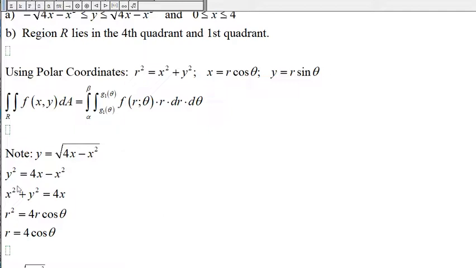Add x squared to both sides, we get x squared plus y squared is equal to 4x. x squared plus y squared is r squared, and x is r cosine of theta. And so we get r squared is equal to 4r cosine of theta. Divide both sides by r, we get r is 4 cosine of theta.